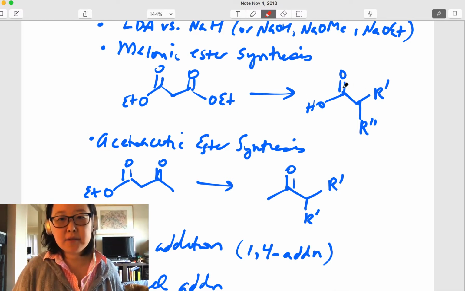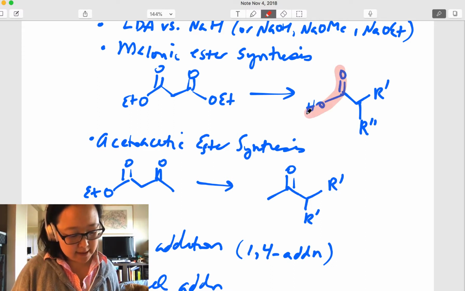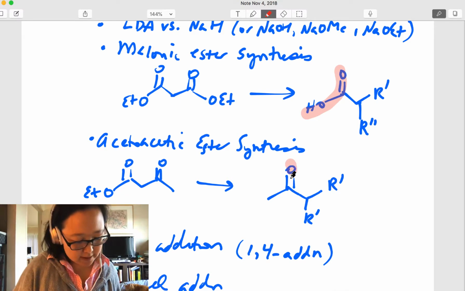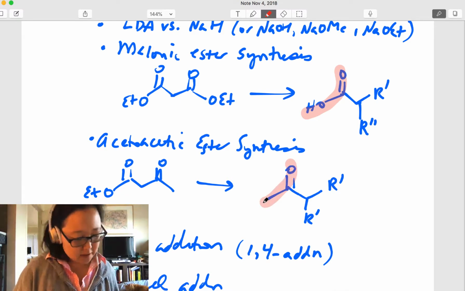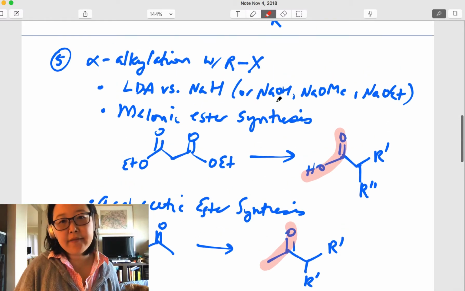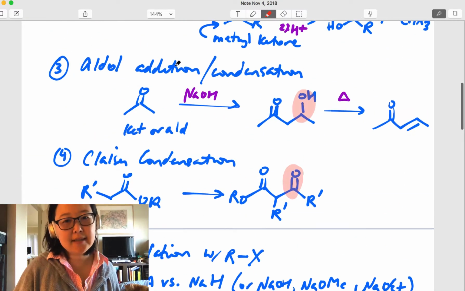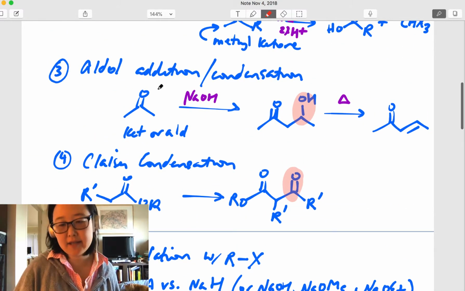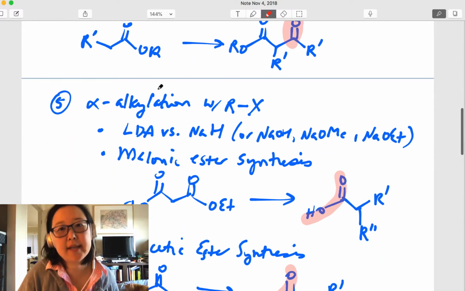And you get a carboxylic acid as your product. Versus if you want to get a methyl ketone as your product, you would use ethyl acetoacetate instead of the ester here. Okay, but they're all alpha alkylation reactions, and these are alpha alkylation as well. So it's good to recognize that.